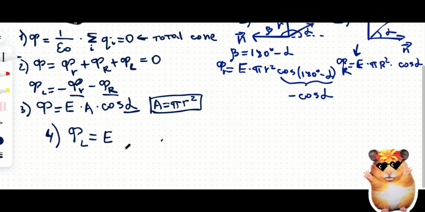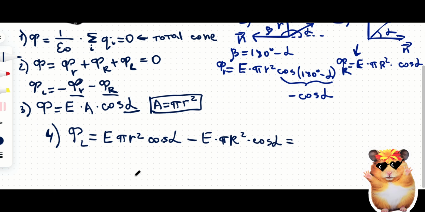So it will be electric field pi small r squared cosine alpha minus electric field multiplied by pi big R squared cosine alpha.